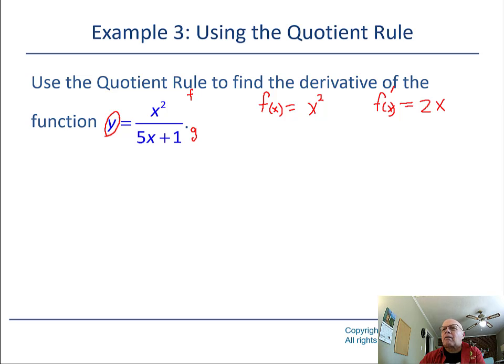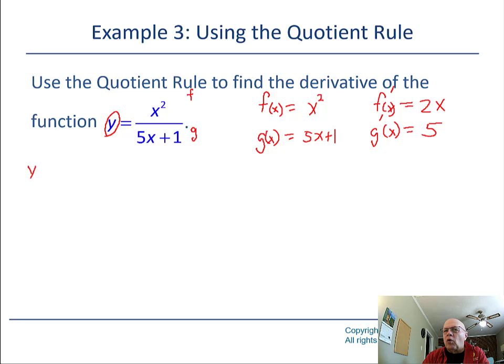Same thing for the bottom. What's the function on the bottom? 5x plus 1. And while we're at it, we'll just get the derivative of what's on the bottom as well. And of course, simply a 5.